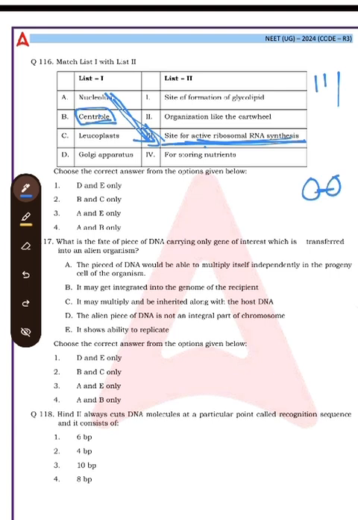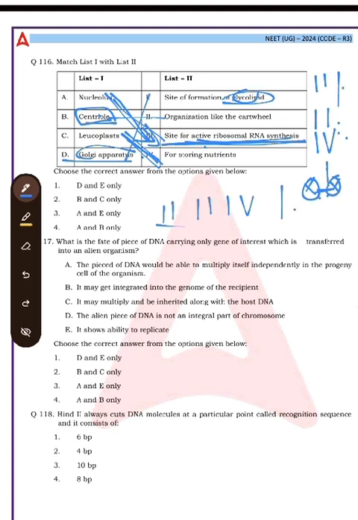So they look like a cartwheel. So organization like a cartwheel. Leucoplasts. What do leucoplasts do? Leucoplasts are for storing nutrients. So C is 4. And Golgi apparatus for glycolipid. So 3, 2, 4, 1. So here the options are wrong. So 3, 2, 4, 1.